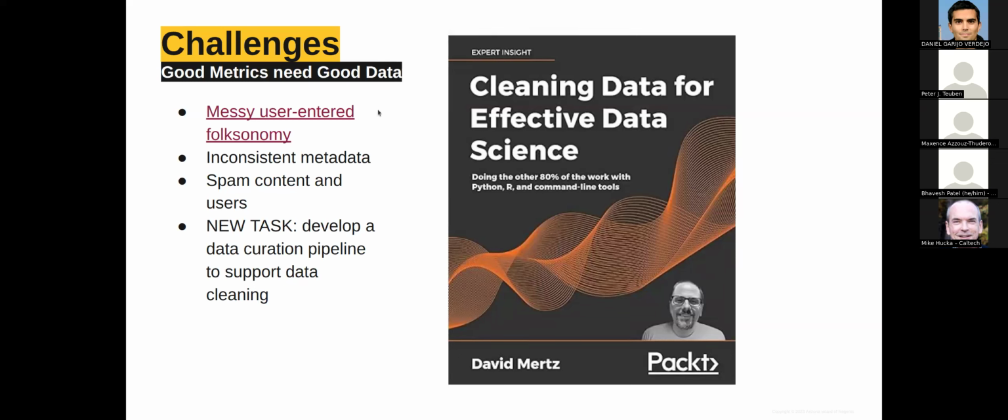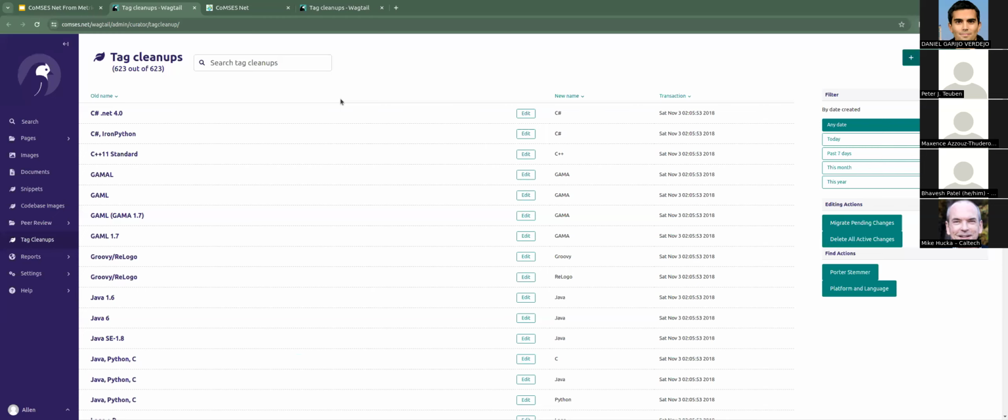So our Science Gateway allows user contributed metadata, like most, right? So we are a scientific software registry and repository. That means scientists and researchers are submitting metadata to us, and we care deeply about the quality of that metadata. So people will make typos. They enter things in incorrect ways.